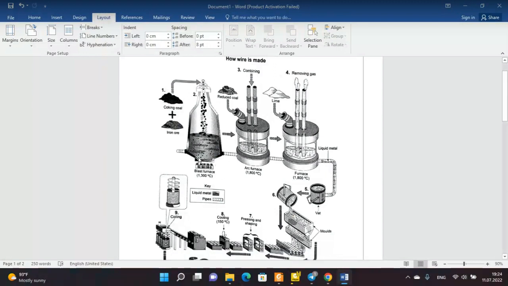As you can see, there are 3 furnaces here, and the first furnace is called a blast furnace. As you can see, it's heated with gas or something. And the second and third furnaces are electric furnaces, called arc furnaces. If any of the guys are familiar with the word arc, it basically means electricity.